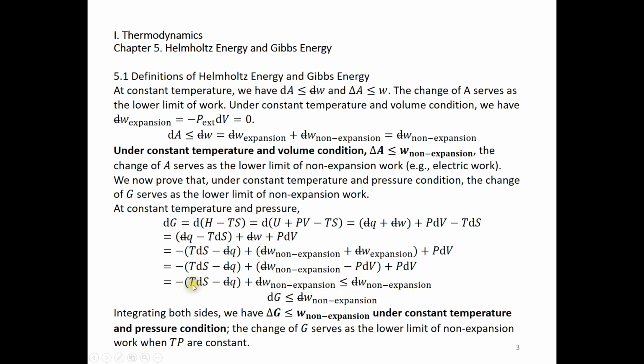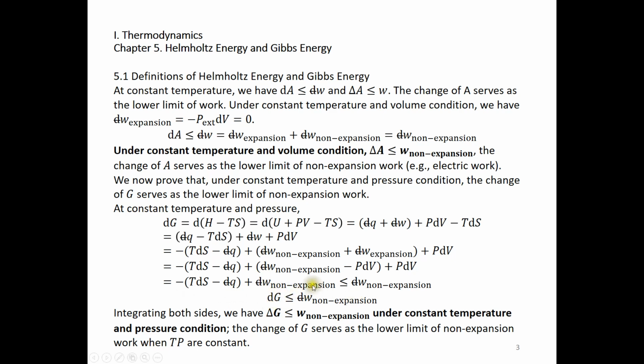Again, this is just because TdS is greater than dq for irreversible processes. TdS is equal to dq for reversible processes. Now we just proved dG is less than or equal to dW non-expansion. The equal sign holds when the process is a reversible process.